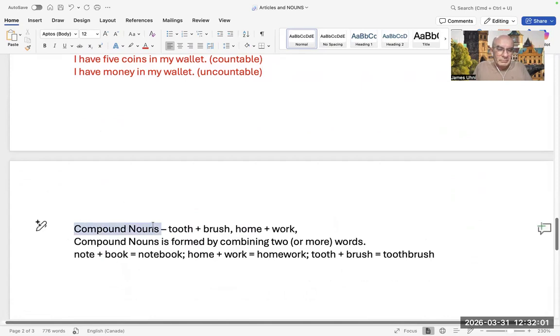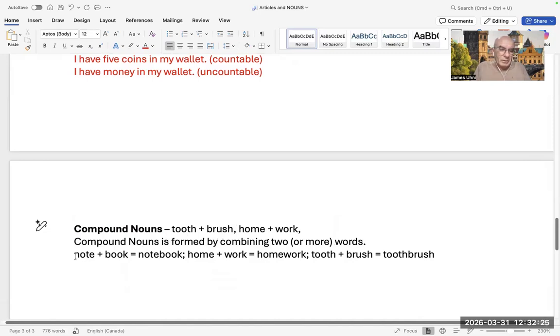Compound nouns, I will make bold by itself, and that is, for example, toothbrush. So, homework.